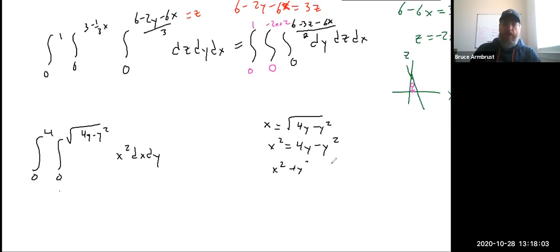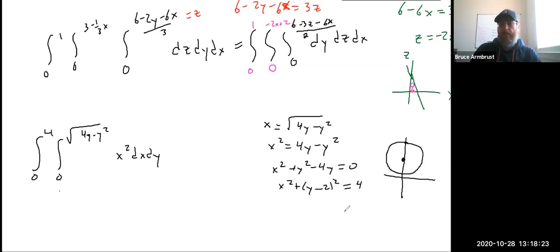Again, if we rewrite this, you can complete the square. It's actually very similar to the one that we just did in, I think it was problem number 2. But this one now, it's centered at 0, 2 with a radius of 2. So that's up here.